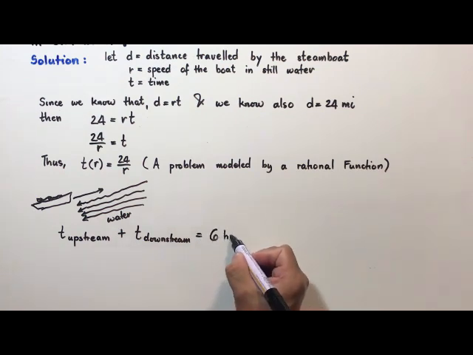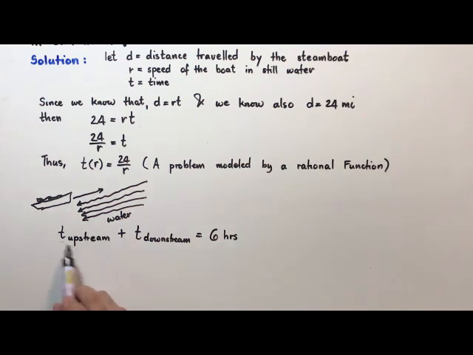But common sense would tell you that the time upstream is not the same as the time spent downstream, because when you go upstream, your speed will be a little bit slower because you are against the current of the water. So you will incur a little bit longer time than the downstream. Why? Because in the downstream, you are with the current of the water. So your speed will be a little bit faster.